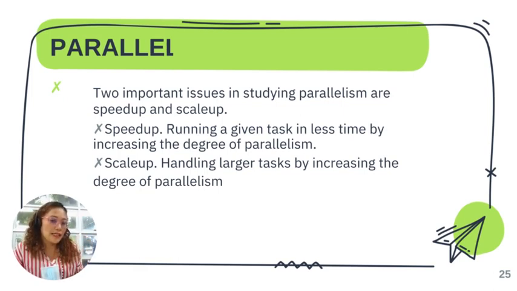So that's for one task for speed up. But when you say scale up, you increase the number of tasks, and when increasing the number of tasks, you also increase the number of processors to process those tasks. So that's how speed up and scale up differ.